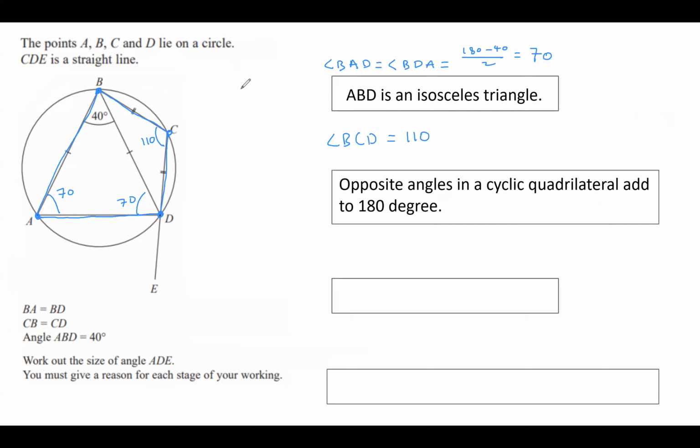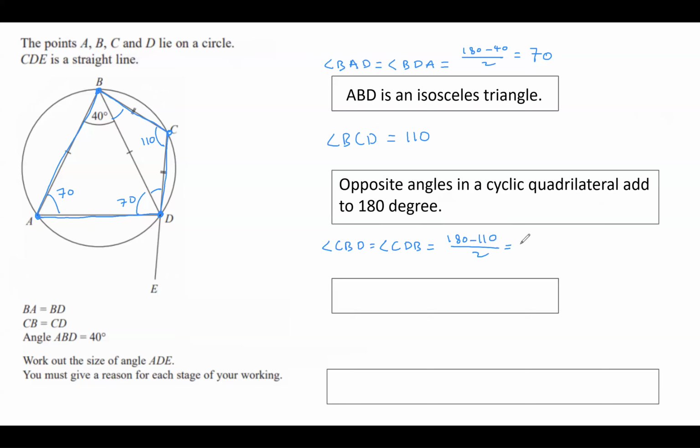And then we can go ahead and work out these two angles over here. And again, our reasoning is going to be because triangle BCD is an isosceles triangle. So once again, we can say angle CBD is equal to angle CDB, which is going to be equal to 180 minus 110 divided by 2.